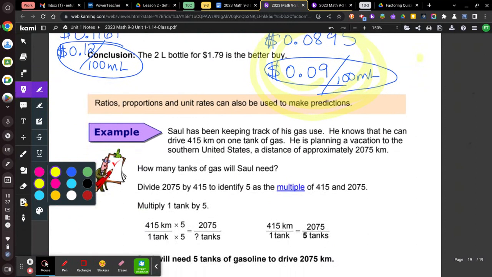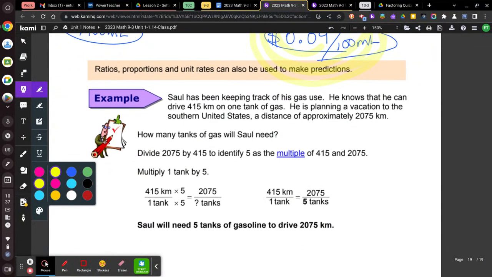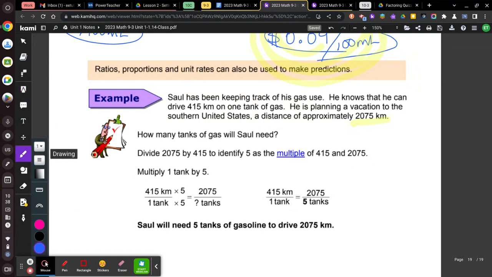So in conclusion, we're going to do one last example. It says Saul has been keeping track of his gas usage. He knows that he can drive 415 kilometers on 1 tank of gas. He is planning a vacation to the southern U.S. and its distance is 2,075 kilometers. We want to know how many tanks of gas he will use.